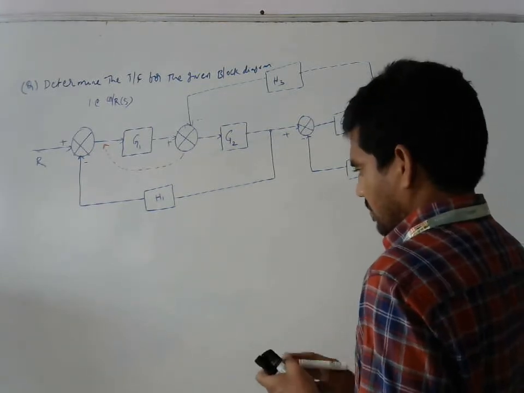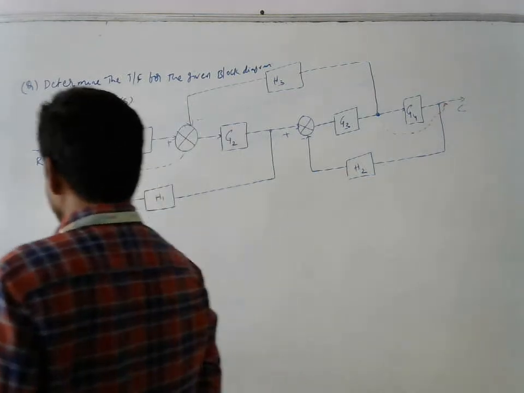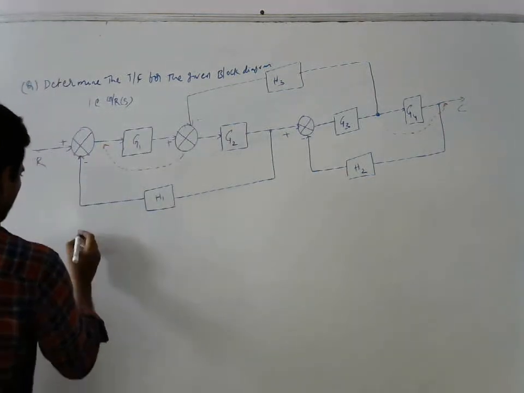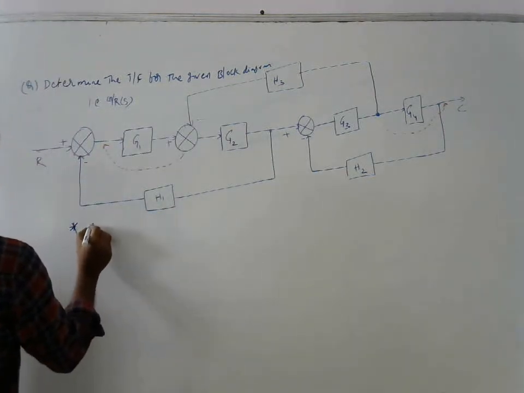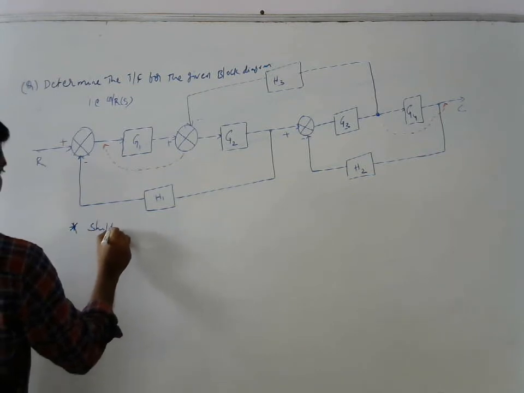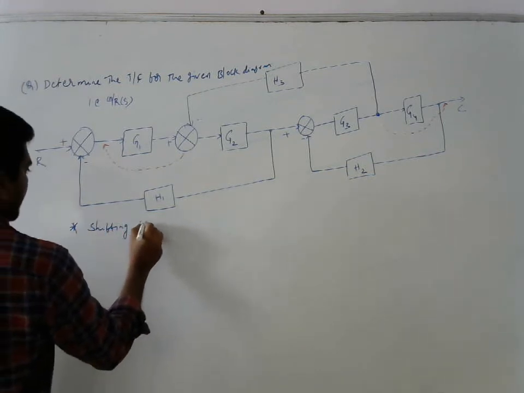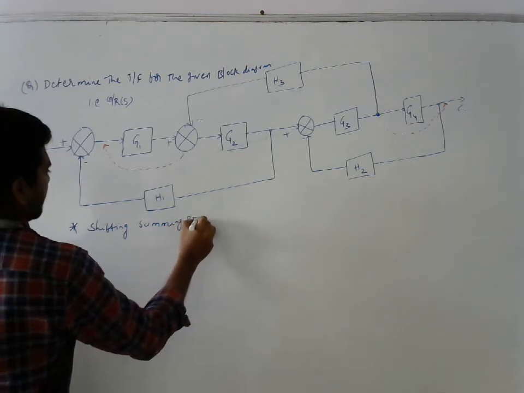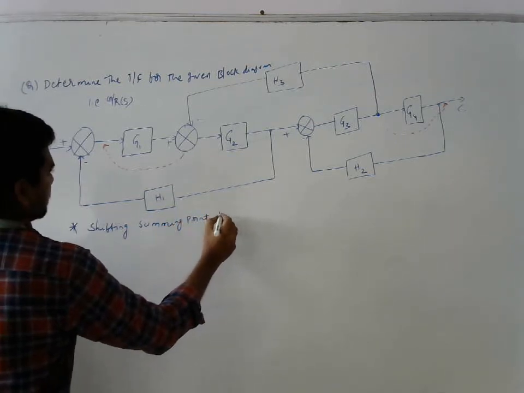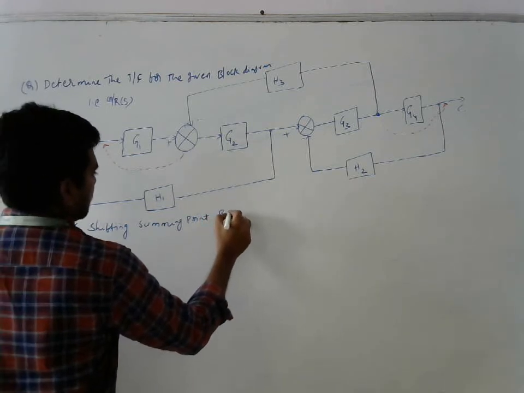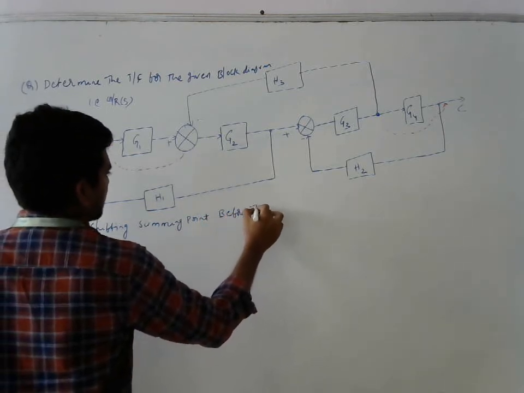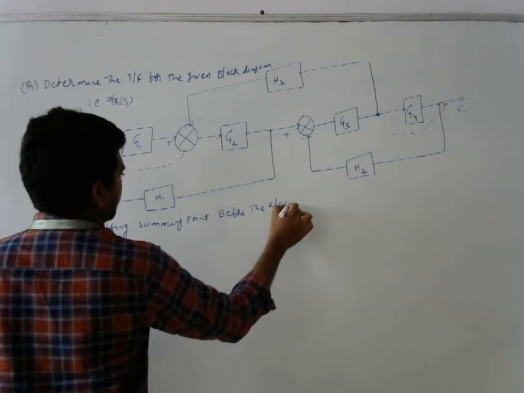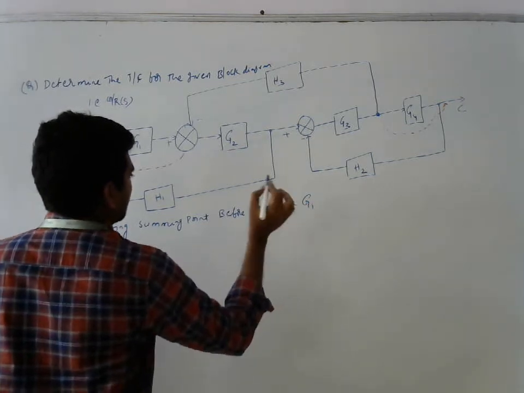Now I am writing: shift the summing point before the block. Before which block? Before the block G1.